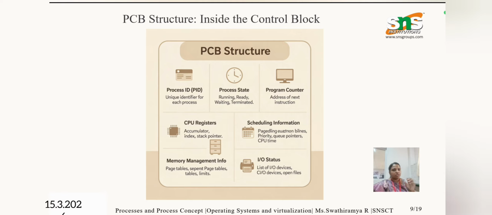Now you have to know that the PCB will have the record of which state the process is in. This process state tells the current condition of the process. Your process can be in a different state: new, which means it is just created, then ready, waiting for CPU time, running, waiting, or terminated when it completes.